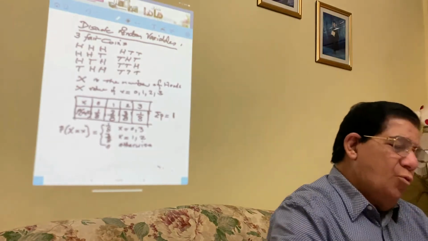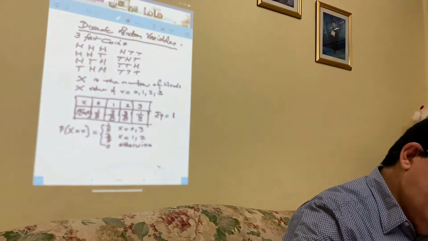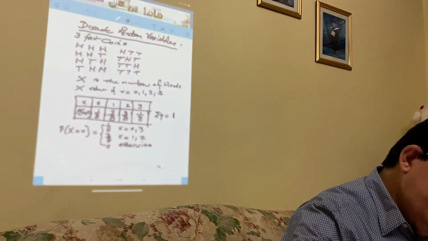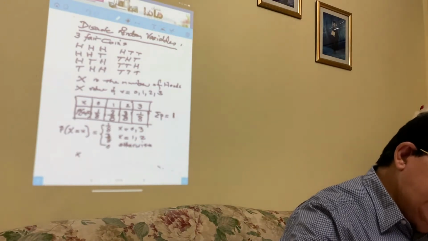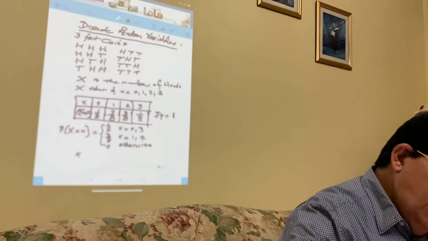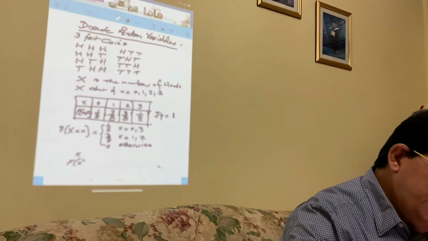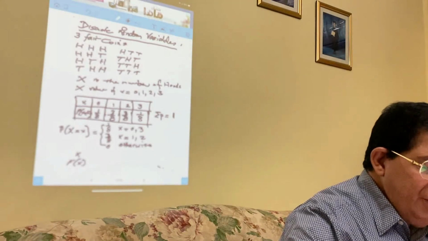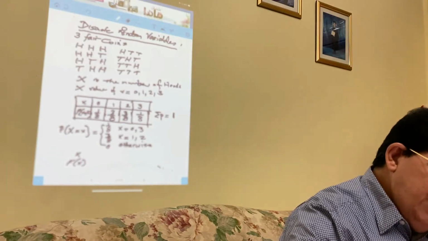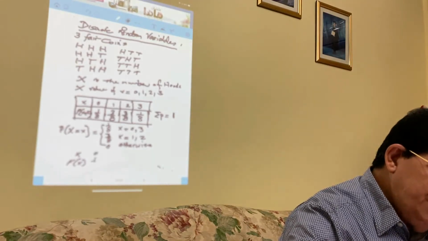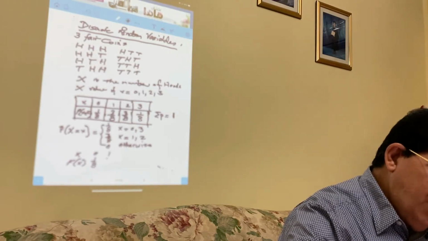Also, there is one more thing we can add to the table above: x and the cumulative probability. We are going to call the cumulative probability F of x. For 0, it is 1 over 8. For 1, it is 3 over 8 plus 1 over 8, 4 over 8.